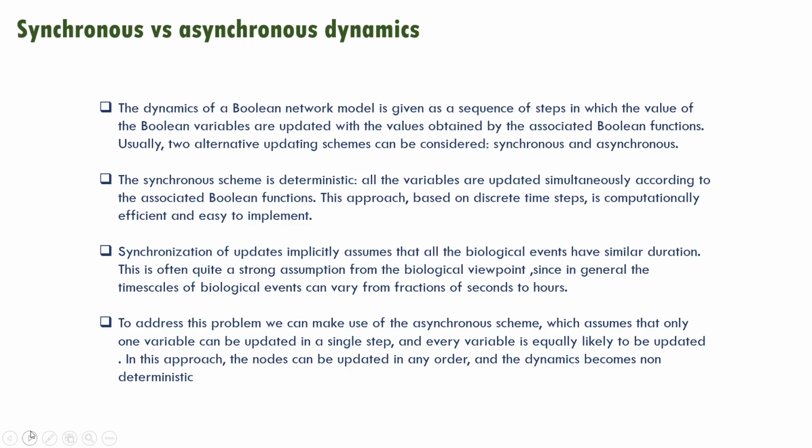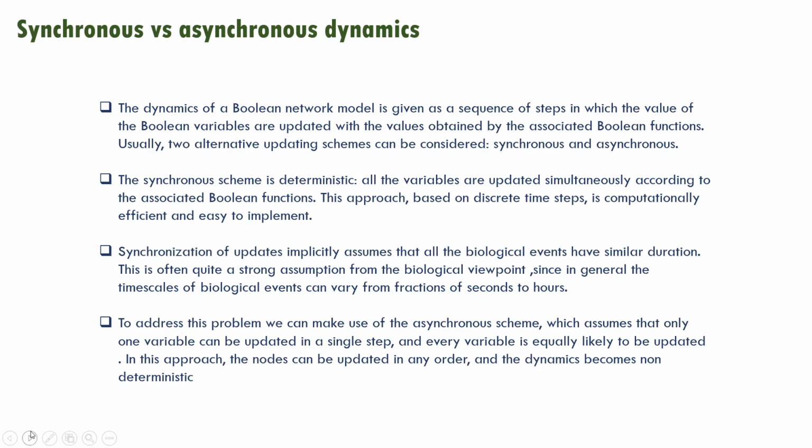The dynamics of a Boolean network model is given as a sequence of steps in which the values of the Boolean variables are updated with the values obtained by the associated Boolean functions. Usually, two alternative updating schemes can be considered, known as synchronous and asynchronous. The synchronous scheme is deterministic. All the variables are updated simultaneously according to the associated Boolean function. Simultaneously is important here because you are assuming it is all within one time step.